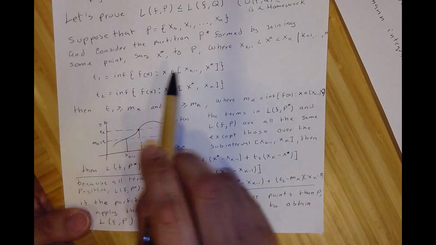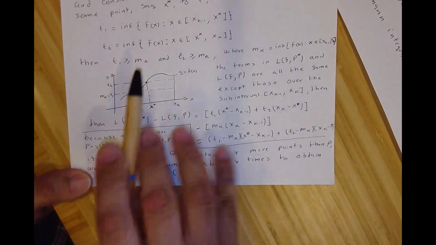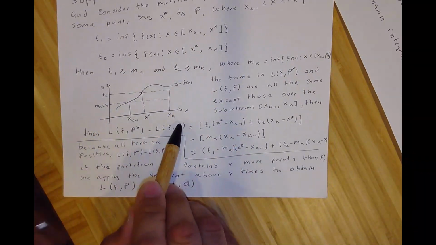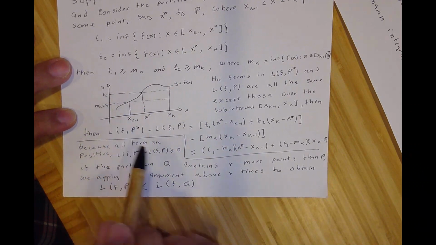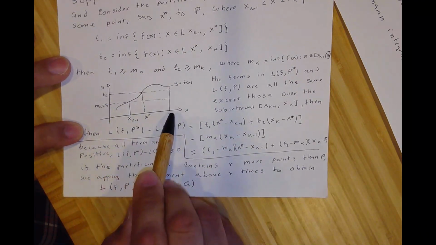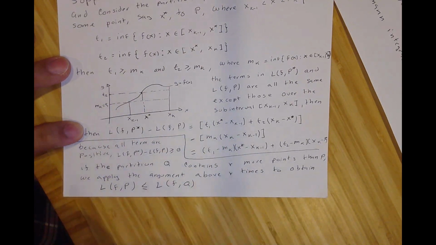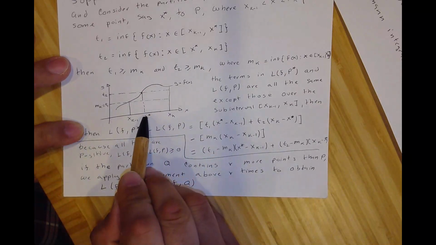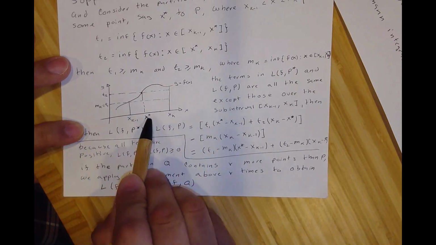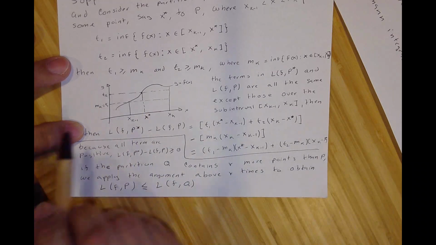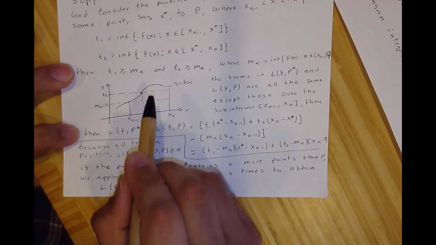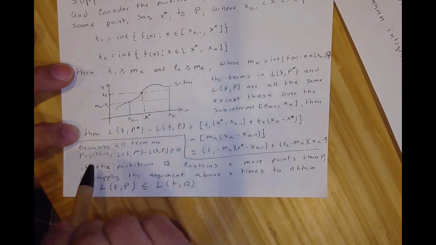Let me explain it here, maybe with the graph it is better. If we have these two numbers as part of the partition, we are adding this number in between, which is x star.